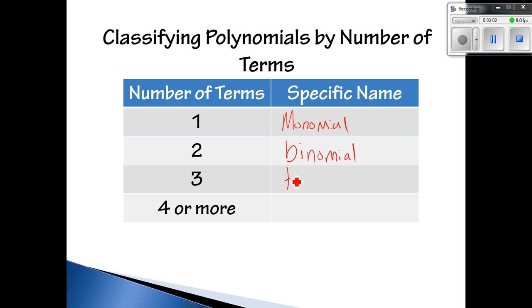Three terms is a trinomial. And once we get past three, we just say that it's a polynomial. For all of you guys taking reading, we've got your mono, bi, tri, and poly root words. Nice little reminder from there.